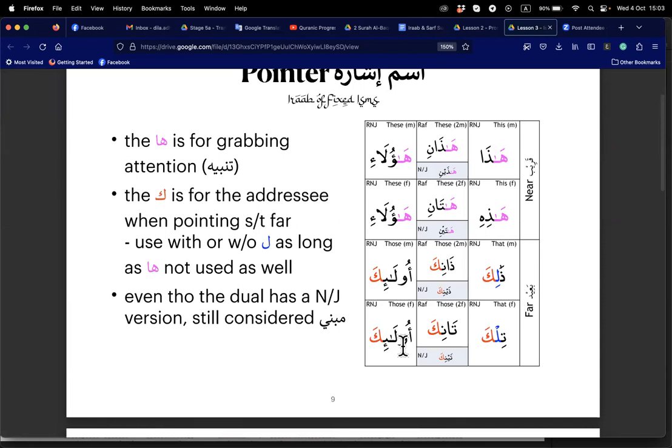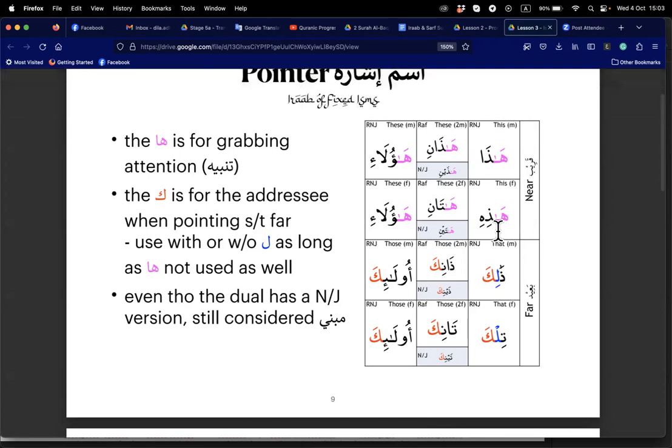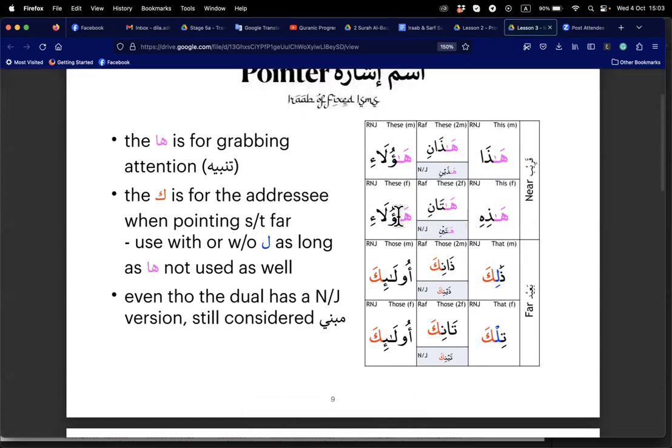And then the other parts that I highlighted in different colors here are actually just letters that are used together with the Ism Isyarah. This ha that you see is ha for tanbih. Tanbih means grabbing attention, from nun ba ha.